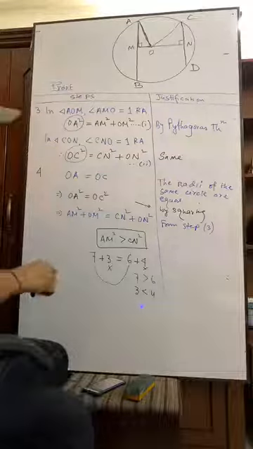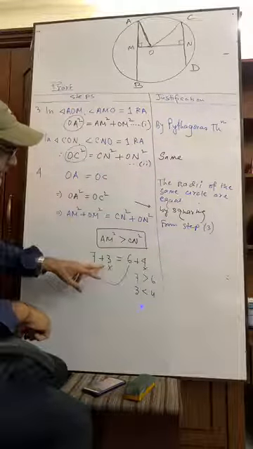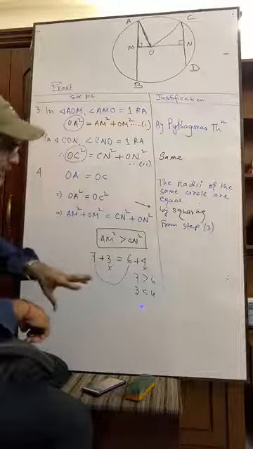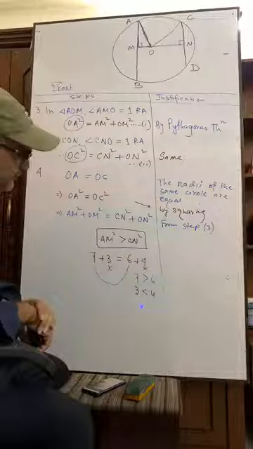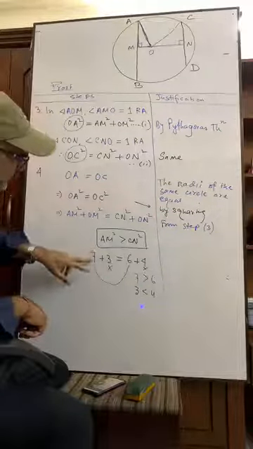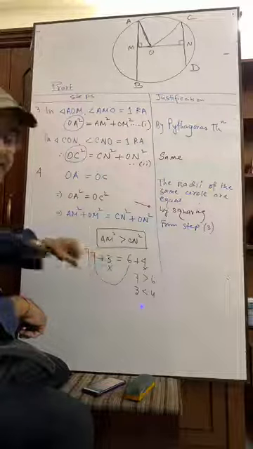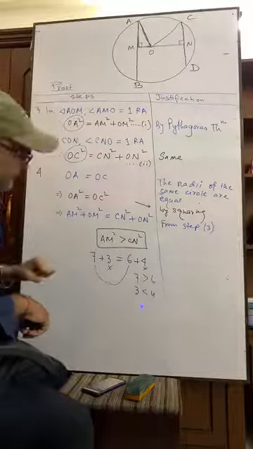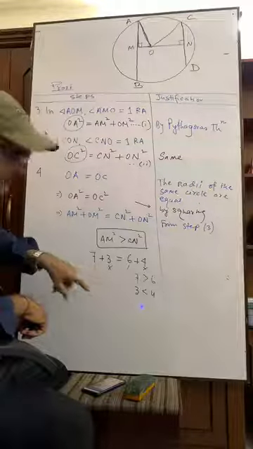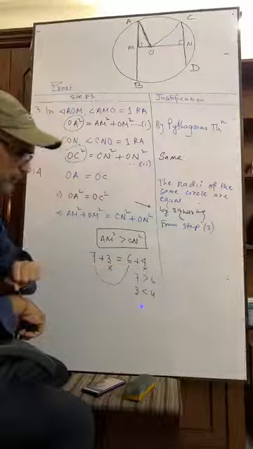7 plus 3 equals 10, we can write it equal to 6 plus 4. So one is greater than the other: 7 is greater than 6. To maintain the equilibrium, we get 3 less than 4.